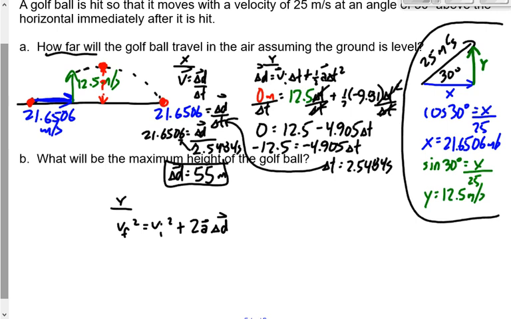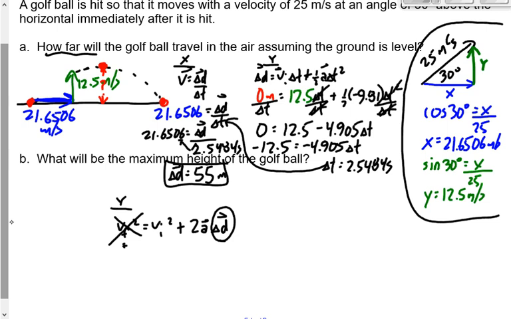So if we analyze this problem at the peak height, the maximum height of the golf ball, VF will be 0. Now, we're solving for the displacement when VF is 0.